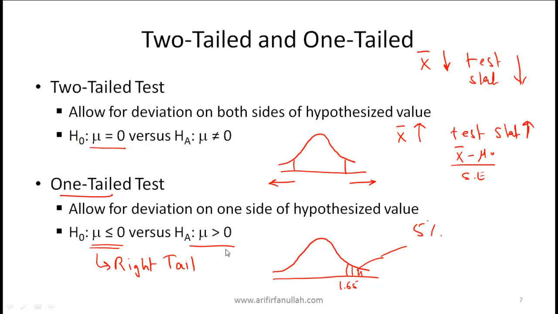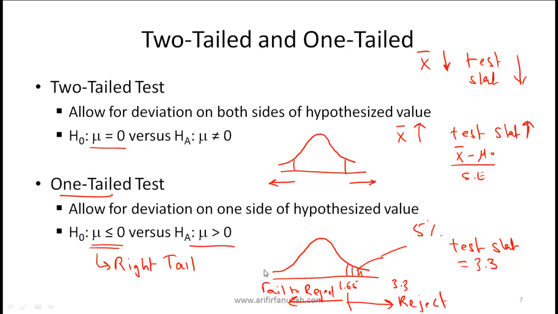In our case, we came up with a test stat equal to 3.3, which falls over here. This then is the region where we can reject the null hypothesis, and in all this region we fail to reject the null hypothesis.